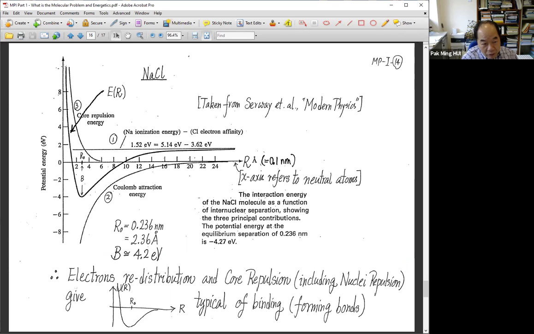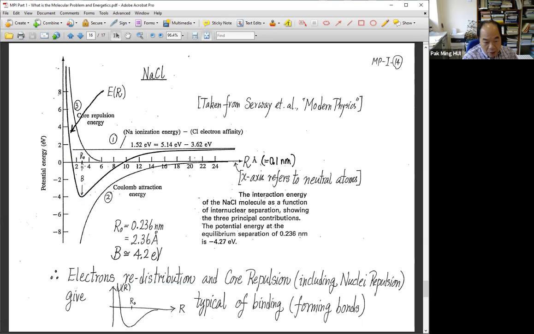Now, this very thick line is exactly what we motivated at the beginning. Two things now bind, okay? You see this curve. And from this curve, we can read out two numbers. There's a minimum in energy, therefore there is a preferred separation. You read that out, you know that it is 2.36 angstrom.